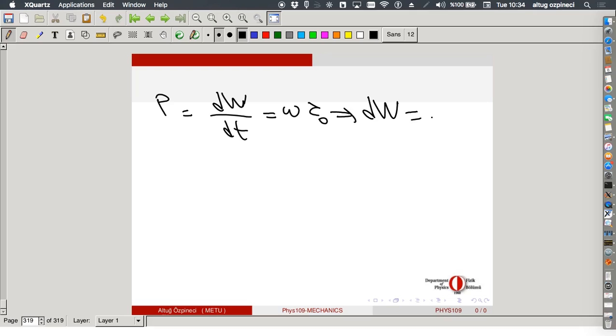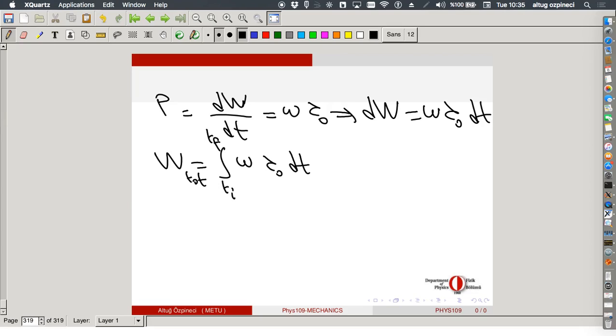So dW is omega tau 0 dt. So the total work is the integral of omega tau 0 dt from the initial time to the final time.